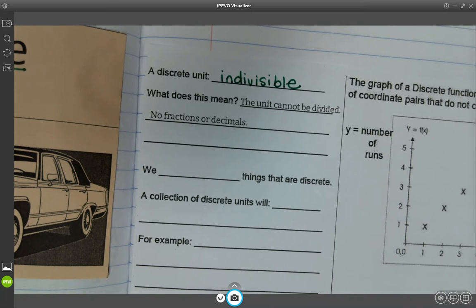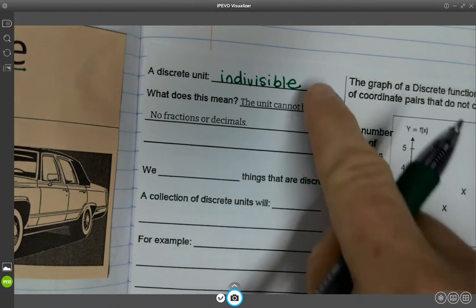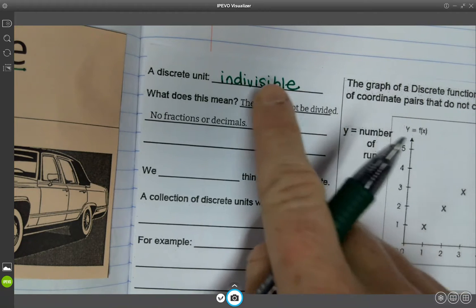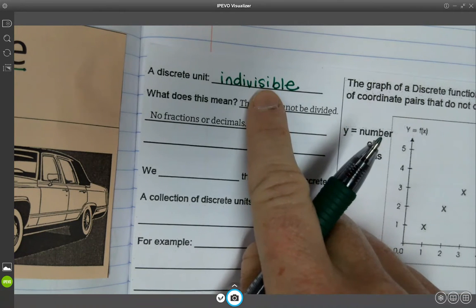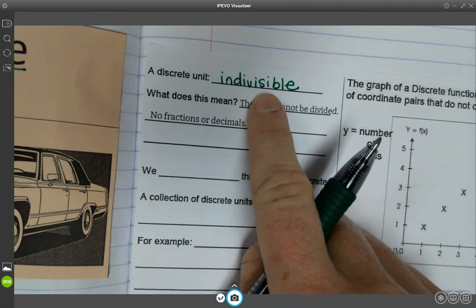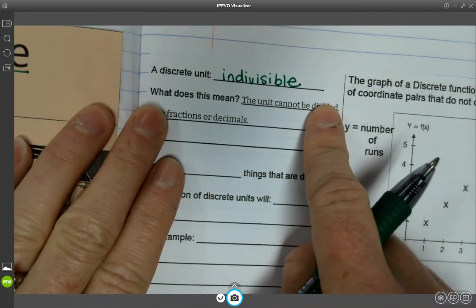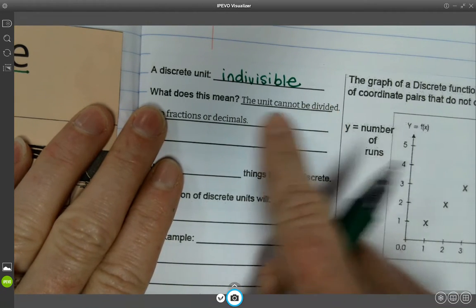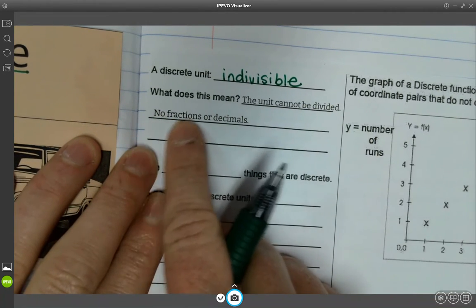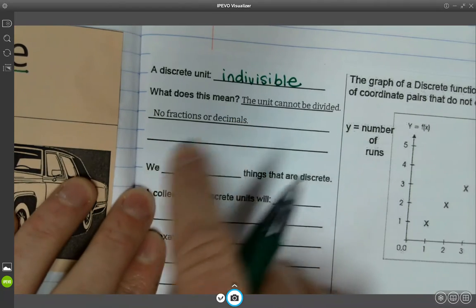I pledge allegiance, and then it's one state under God, indivisible, liberty and justice for all. Indivisible means cannot be divided. So within the pledge, it's the United States cannot be divided. With data, it means the unit, whatever unit that we are counting, cannot be divided. So there are no fractions or decimals.